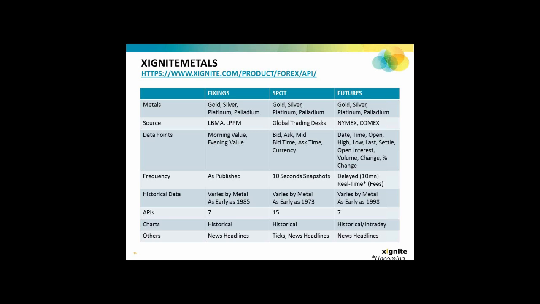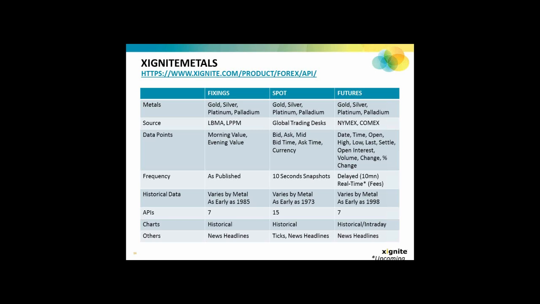Now, the source for those varies. The source for fixing information is the London Bullion Metal Association, London Platinum and Palladium market. For spot prices, we get this information from multiple sources, essentially the trading desks of large banks all around the world, in Europe, in the U.S., in Japan, in Australia, as well as trading platforms for big FX/metal platforms.